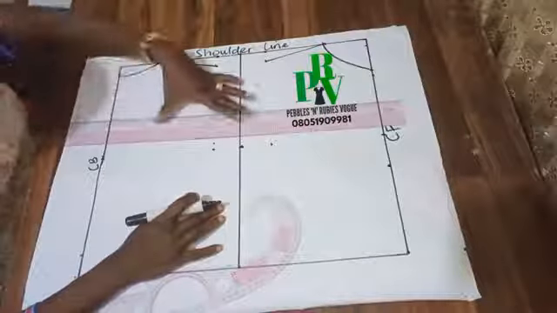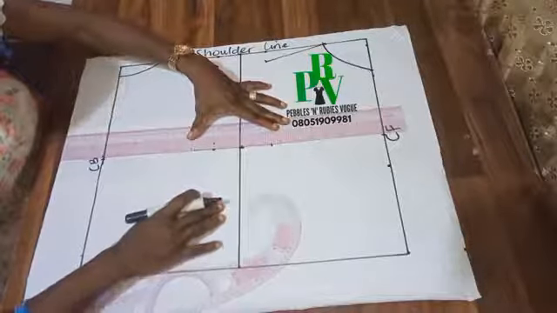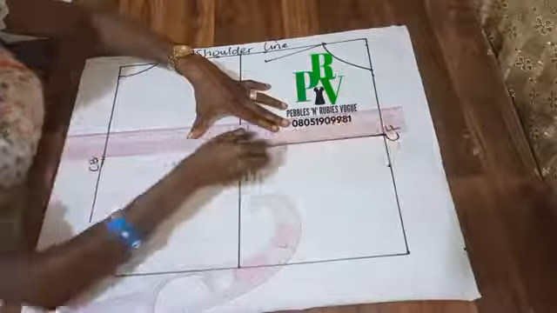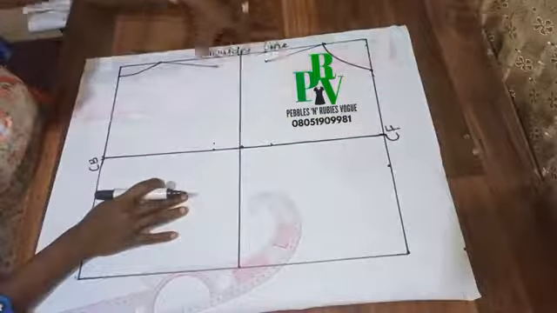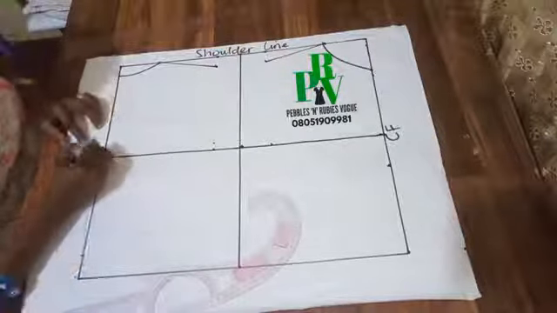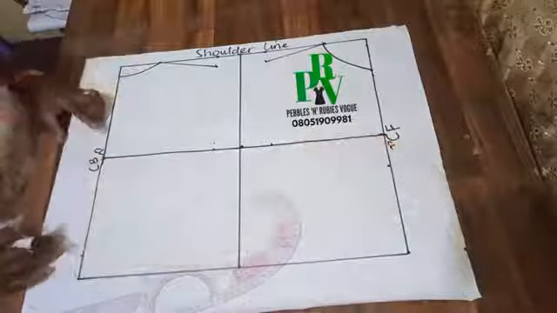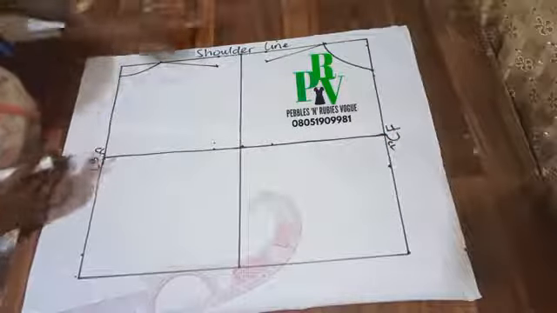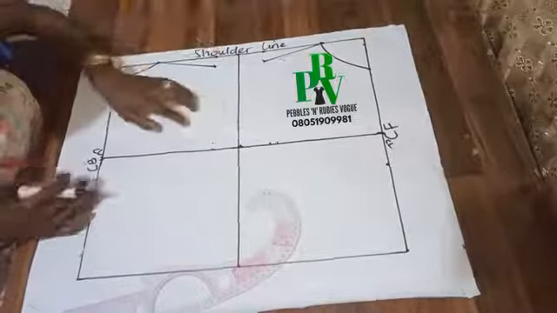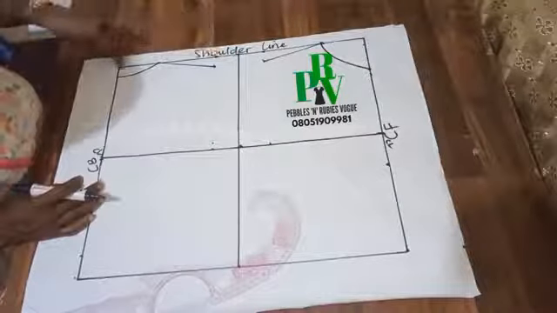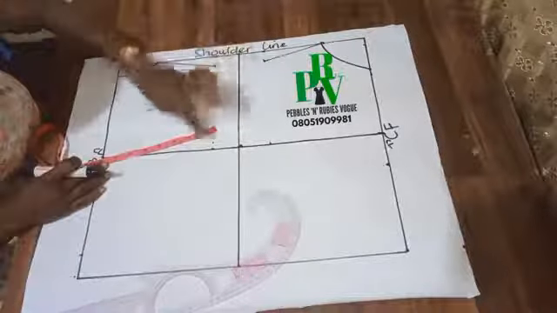I'm going to mark that across horizontally, and this serves as our chest line. So this is our chest line. Now, in order to have a straight line, I'm going to mark the shoulder measurements. Remember our 7.5 on the shoulder line, I'll mark it on this line for our armhole length.